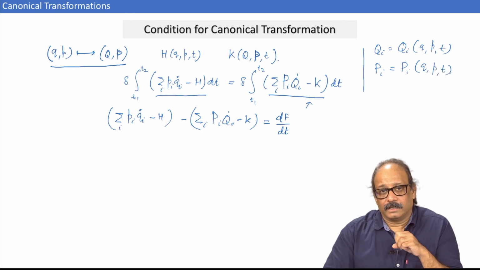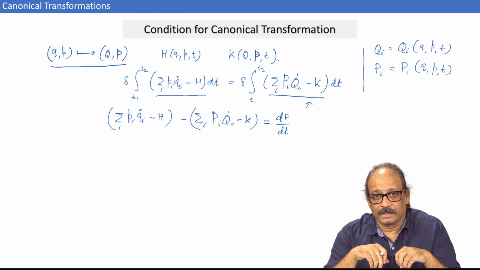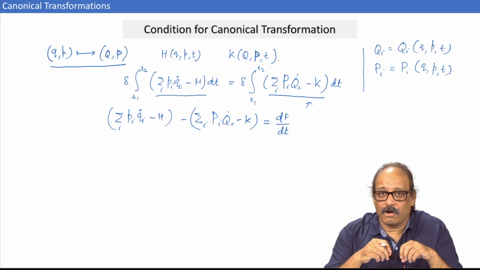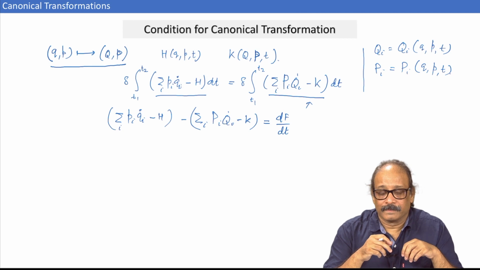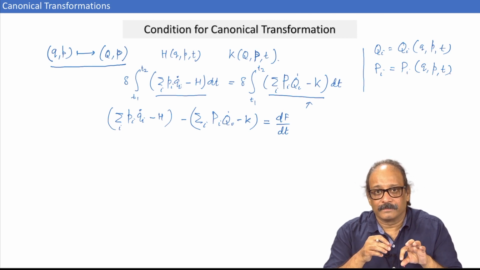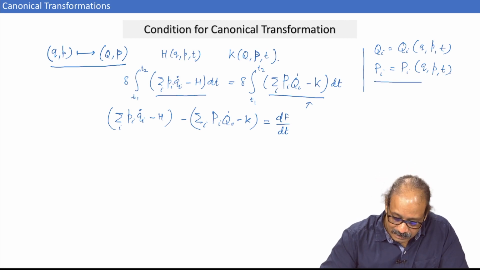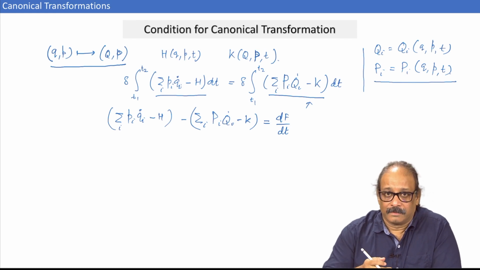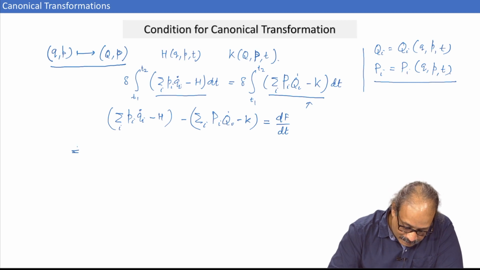Now, in fact, I should be able to write this function F as a function not just of small q and small p or capital Q and capital P, but can I possibly write it as a function of small q's and capital Q's? Sure, I can do that because I have these transformations here. So, I can invert these transformations to write the function F in terms of small q and capital Q.